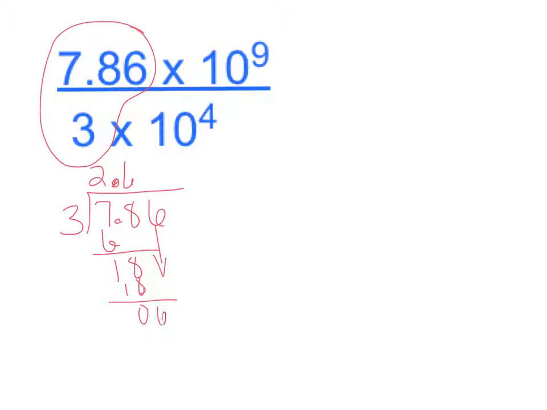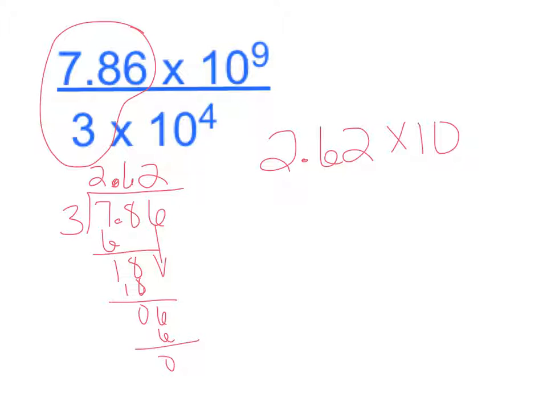Drop down our 6. 3 goes into 6 2 times. 2 times 3 is 6. And we have no remainder. Good. That wasn't so bad. So now we have 2.62. We know we're going to keep it in scientific notation, so times 10.